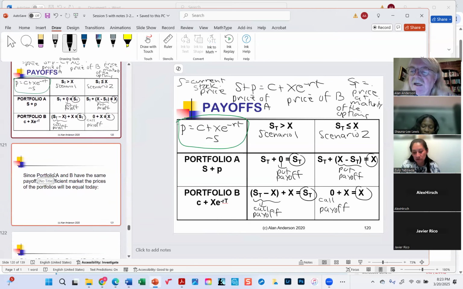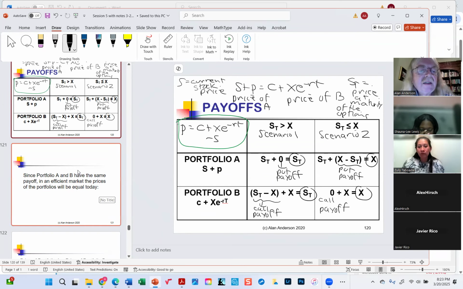Now, what does this tell us? Well, in scenario one, both portfolios are worth S_T dollars. In scenario two, they're both worth X dollars.